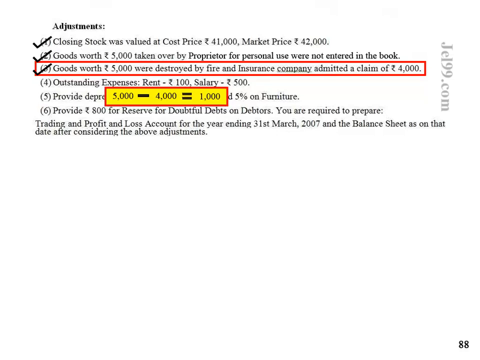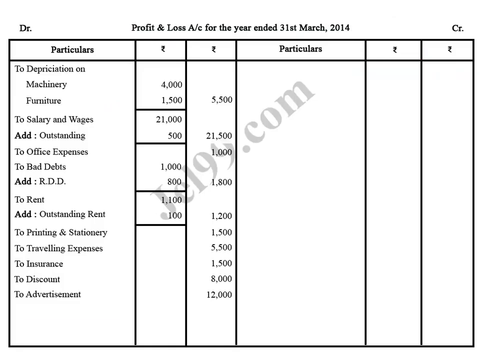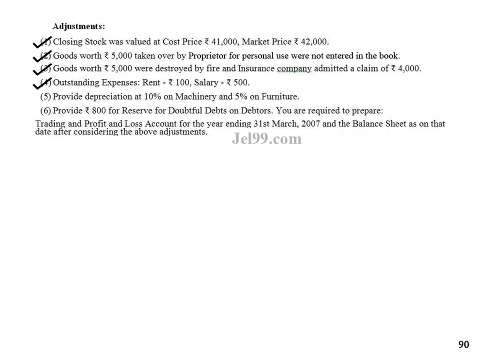It is the loss of the business, hence it is shown in profit and loss account, debit side, to loss by fire 5,000 minus 4,000 is equal to 1,000, in outer column. Adjustments number 4, 5, 6 are already done. Now all the adjustments are completed, so close down all the accounts.